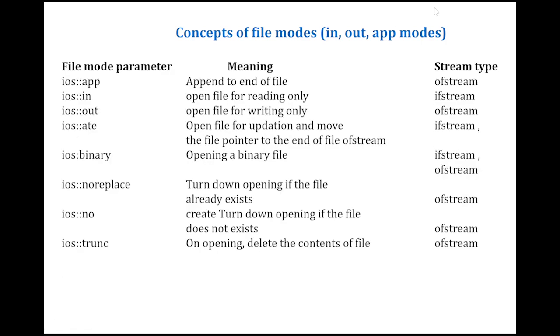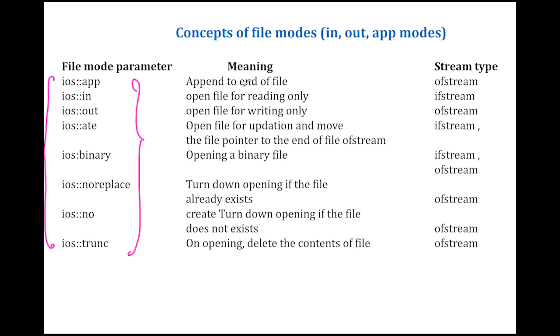As you can see, these are the different file mode operators which we can use as file mode parameters along with the file name in the given syntax, the syntax we saw previously. So first thing is ios, we use the double colon, and app.